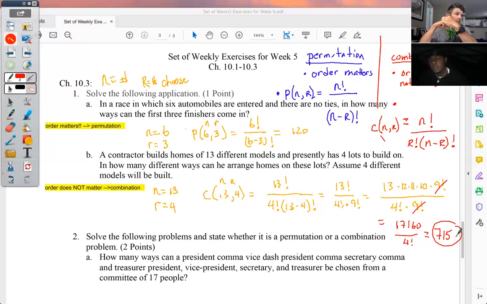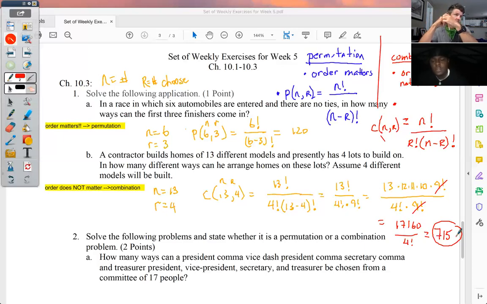So remember, order matters. That's what we're looking for. Does the order matter? Letter A. How many ways can a president, vice president, secretary, treasurer be chosen? So does order matter in that case?